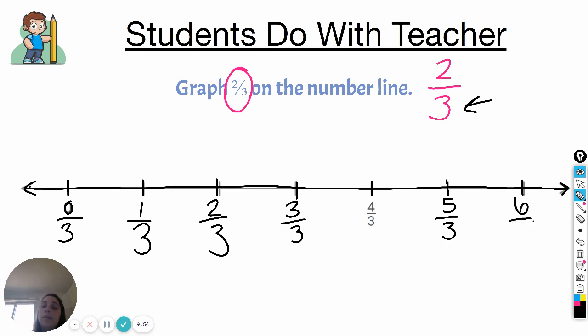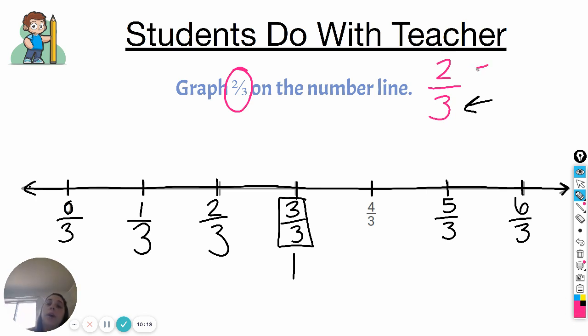And then 6/3. Okay, so 3/3, well, if we have all 3 pieces out of 3, that's like having 1 whole. So that's the same as 1 whole.